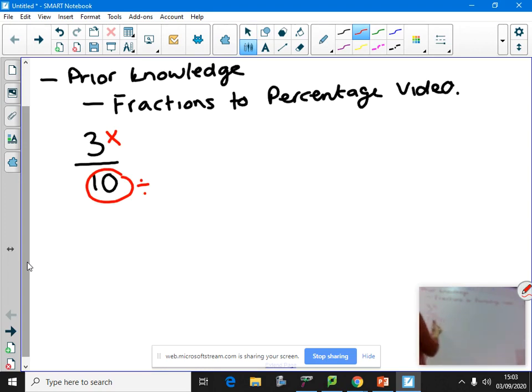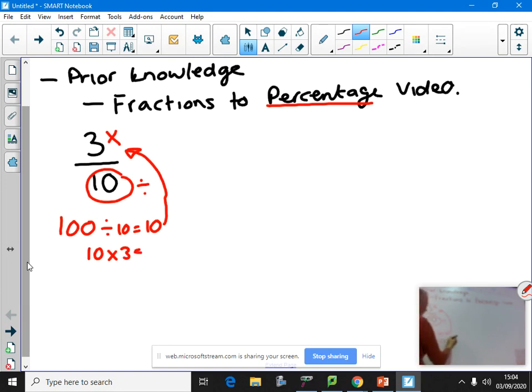But this is always a divide and this is always a times. We're changing it to percentage. Percentage means 100. So 100 divided by 10 equals 10. And then we take that and we times it by the top. So 10 times 3 equals 30%.